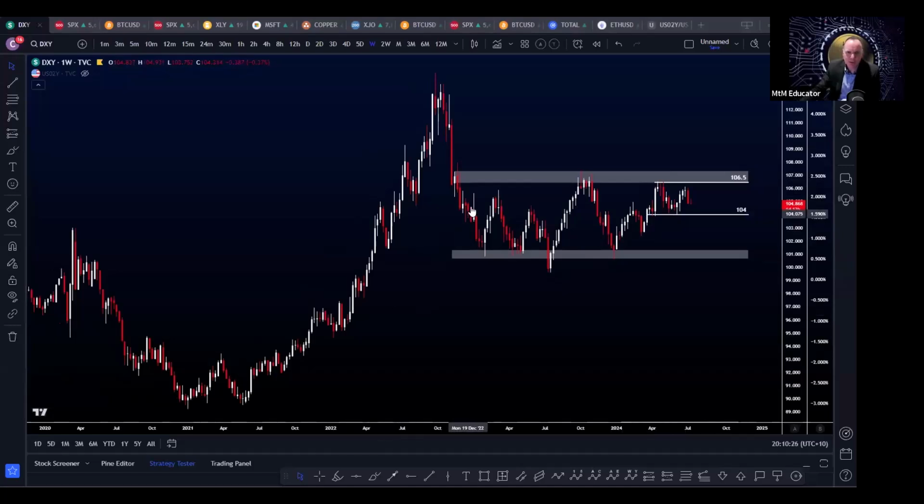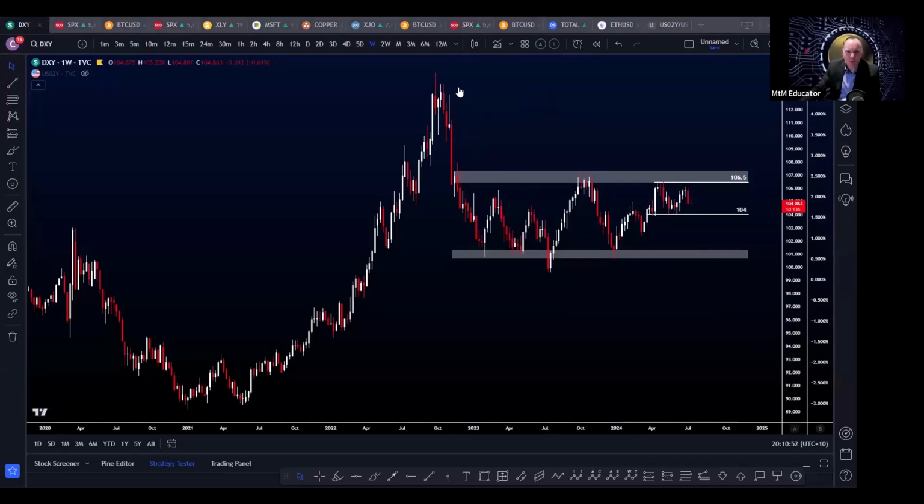And this is significantly impacted by expectations of interest rates from the US Fed and what they do with interest rates. Because when the interest rates in America are higher than the rest of the world, the US dollar becomes increasingly stronger. And as we start looking at rate cuts, we should start to see the US dollar start to break down.